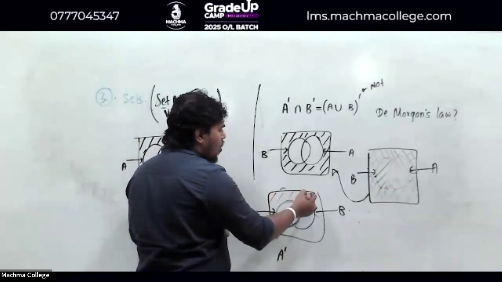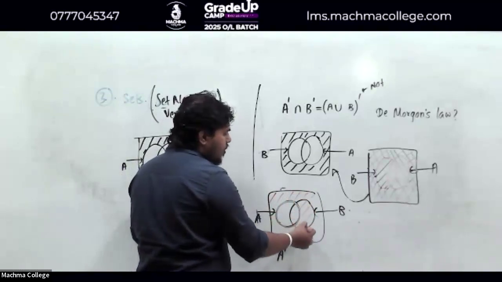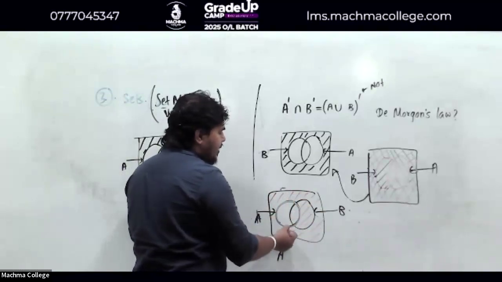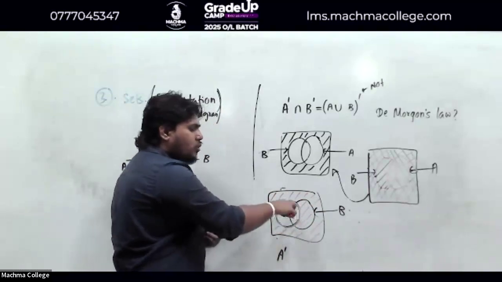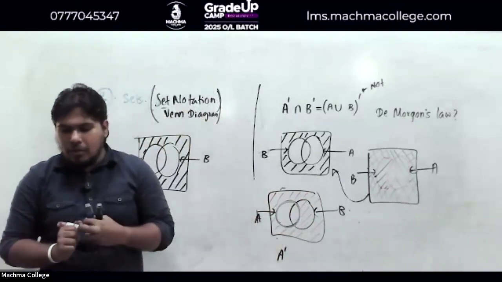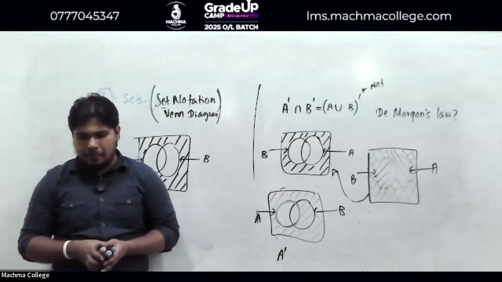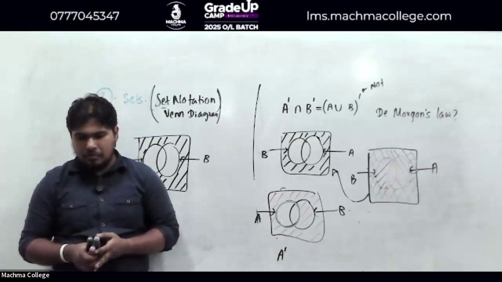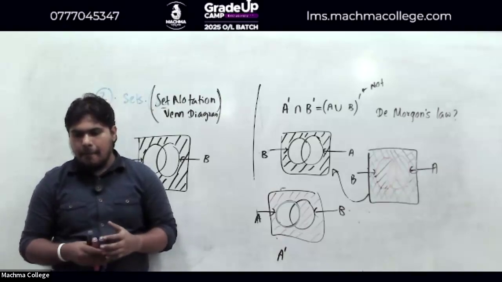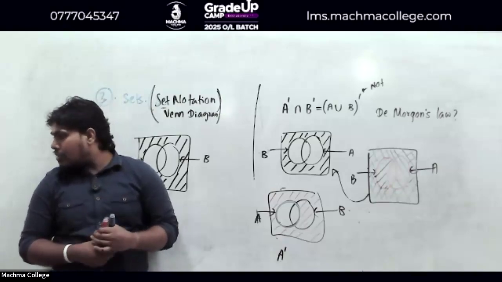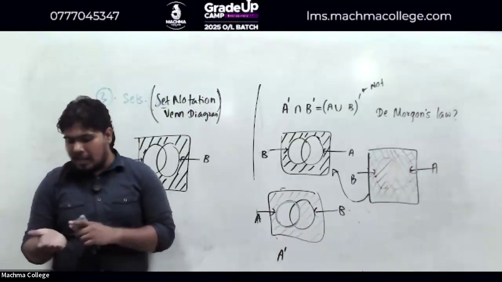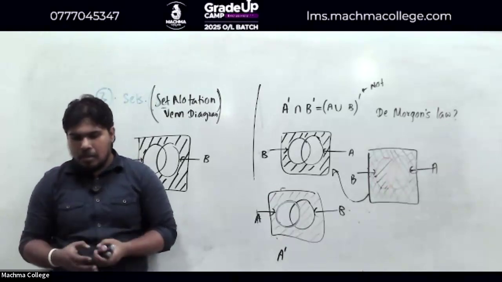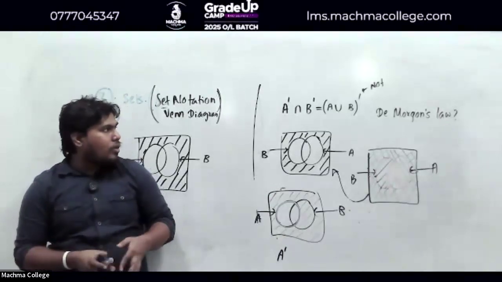Without the A circle, all the other parts. So obviously the intersection will not be highlighted, because the intersection also belongs to A. Outside A means outside A. The B complement is the same thing, it happens vice versa. If you want to note down, quickly note down.